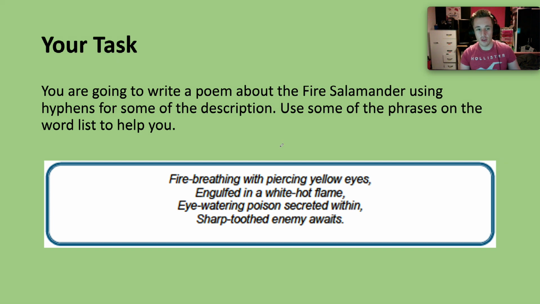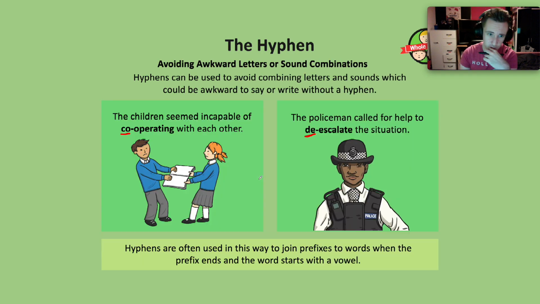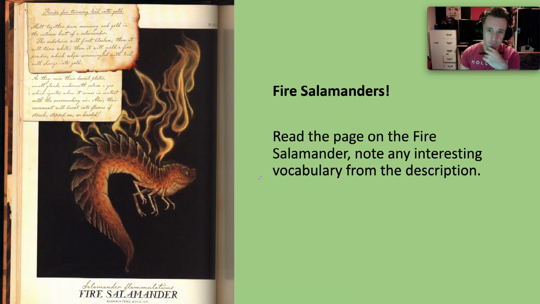For each thing, we're going to pick a part of the body and we are going to describe it. So the first one here is fire breathing with piercing yellow eyes. If I go back to my fire salamander, right to the beginning, what am I going to have a look at? This will also help you if you're going to do your descriptive sentences. Let's have a look in the text and steal some things.